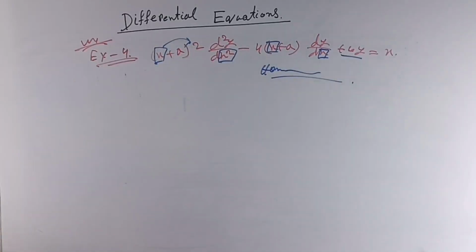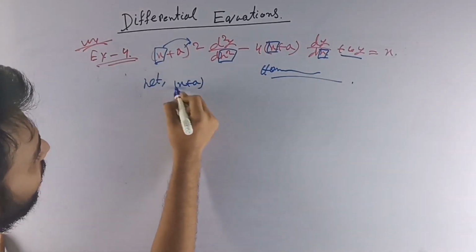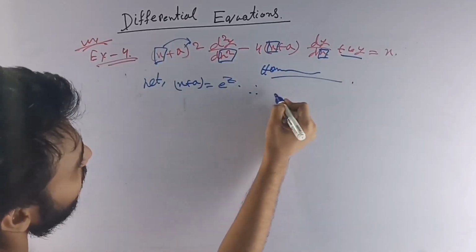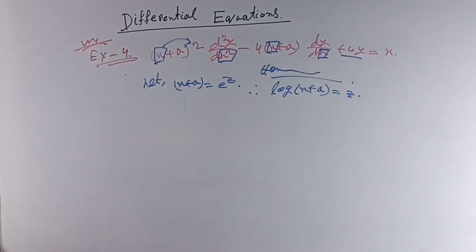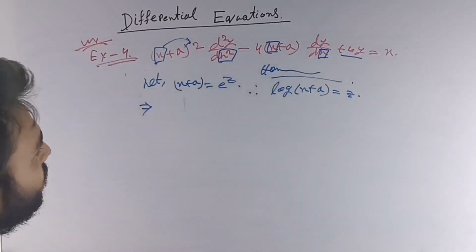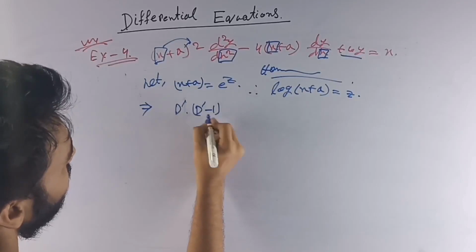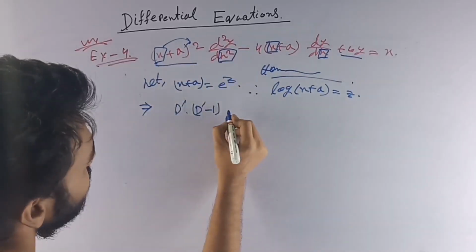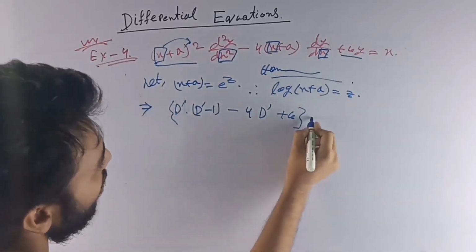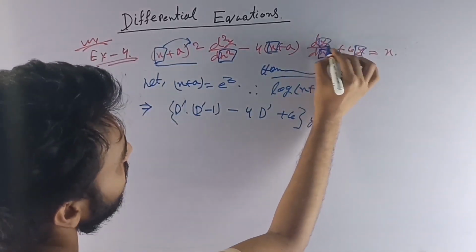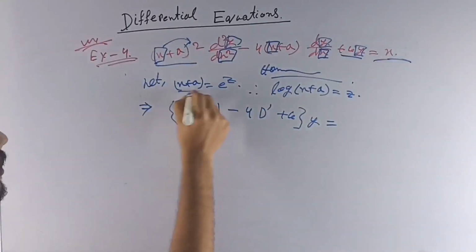It's the homogeneous form, it's written as Legendre's. Okay, homogeneous Legendre's. Let x plus a equals e to the power z, that means log of x plus a equals z, so D naught times of D naught minus 1, and now minus 4 D naught plus 6y, that means it's coming y, and that equals x.